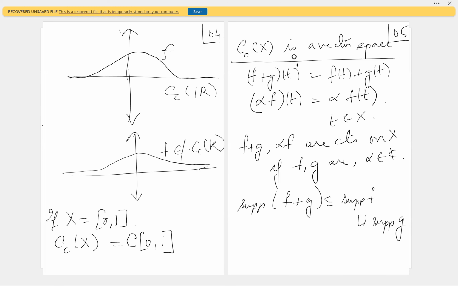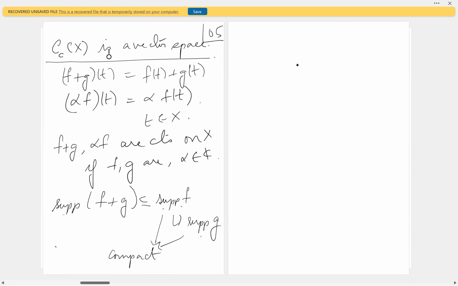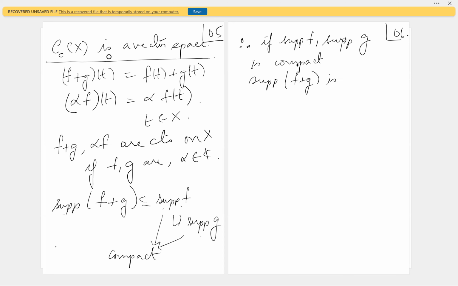So if these two are compact, the union will be compact, a finite union. So f plus g is in C_c(X).